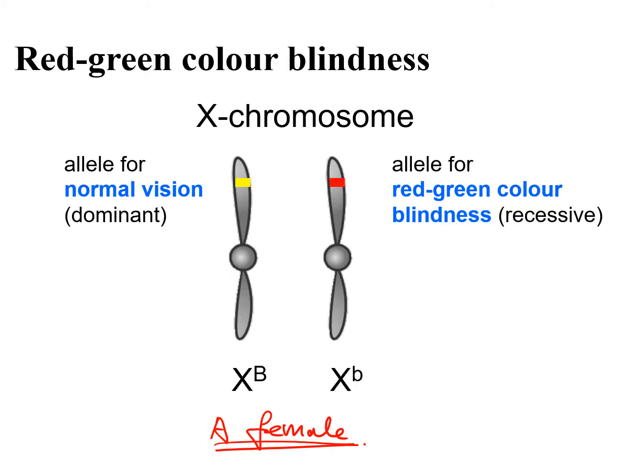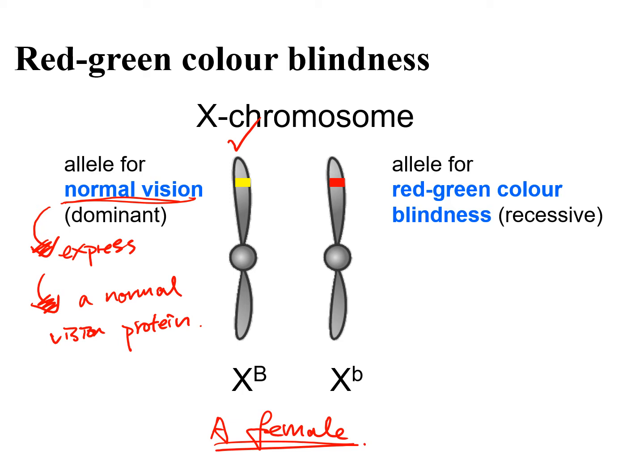Imagine the case of a female, who has two X chromosomes. For example, the X chromosome on the left-hand side has an allele for normal vision. When this allele of normal vision is expressed, it is going to produce a normal vision protein.